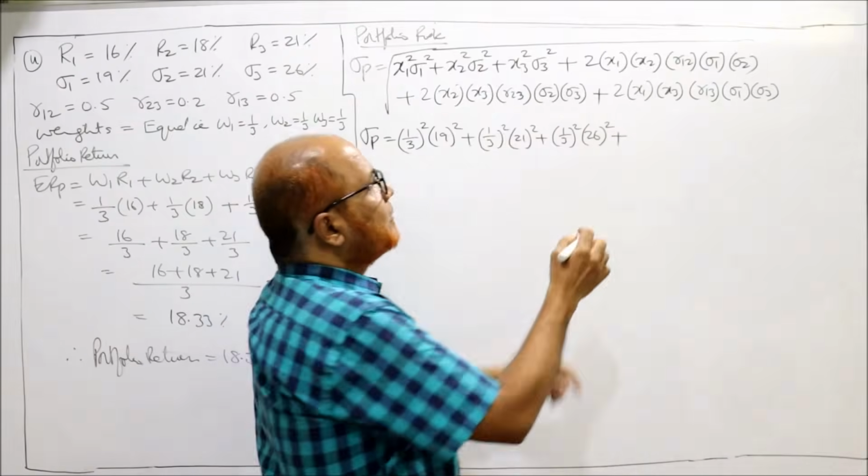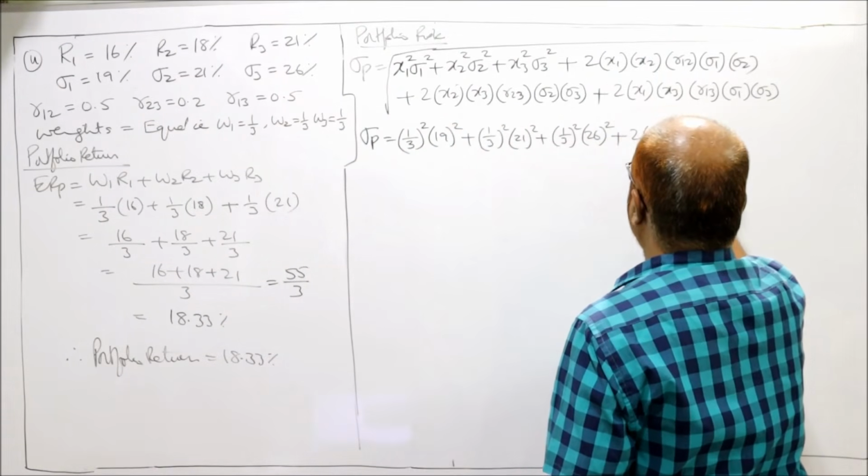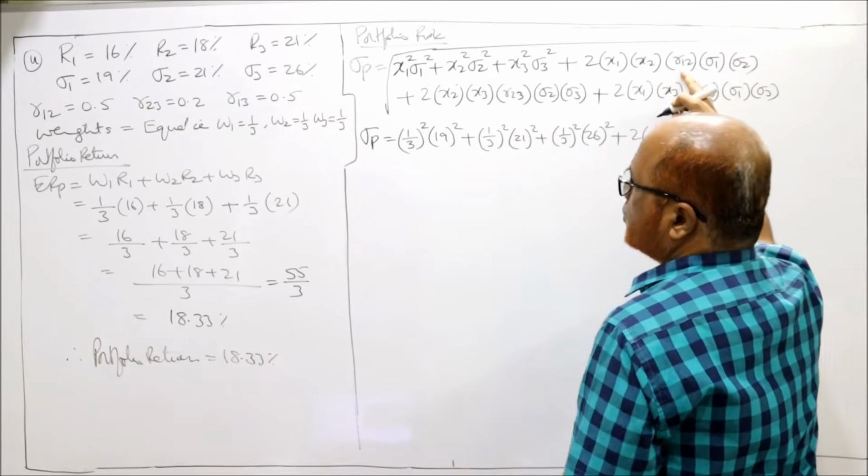अब यहां से ये 2 into x1 into x2, तो 1/3 into 1/3 into r12.